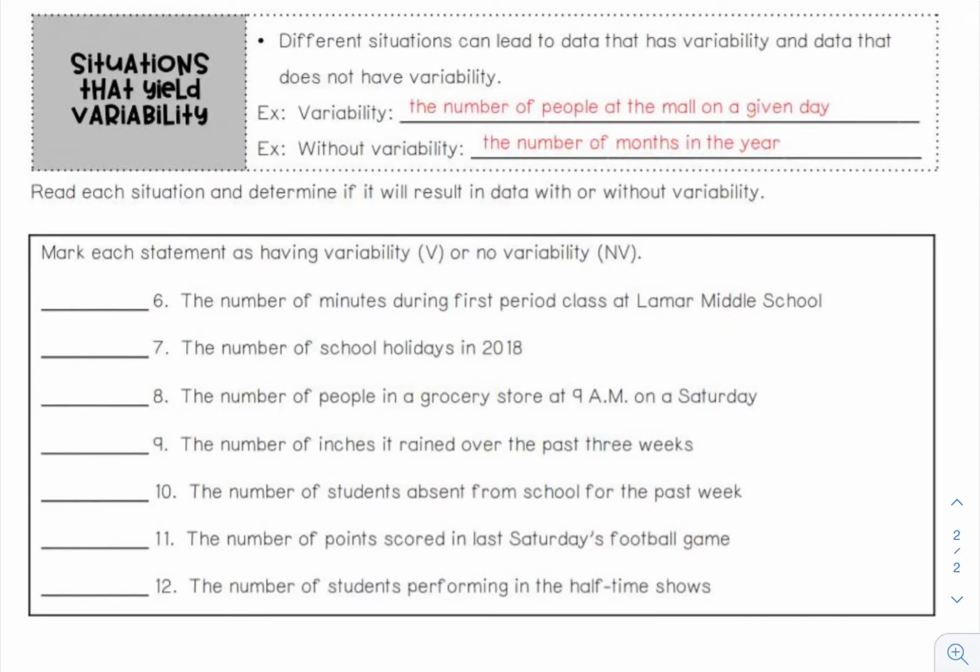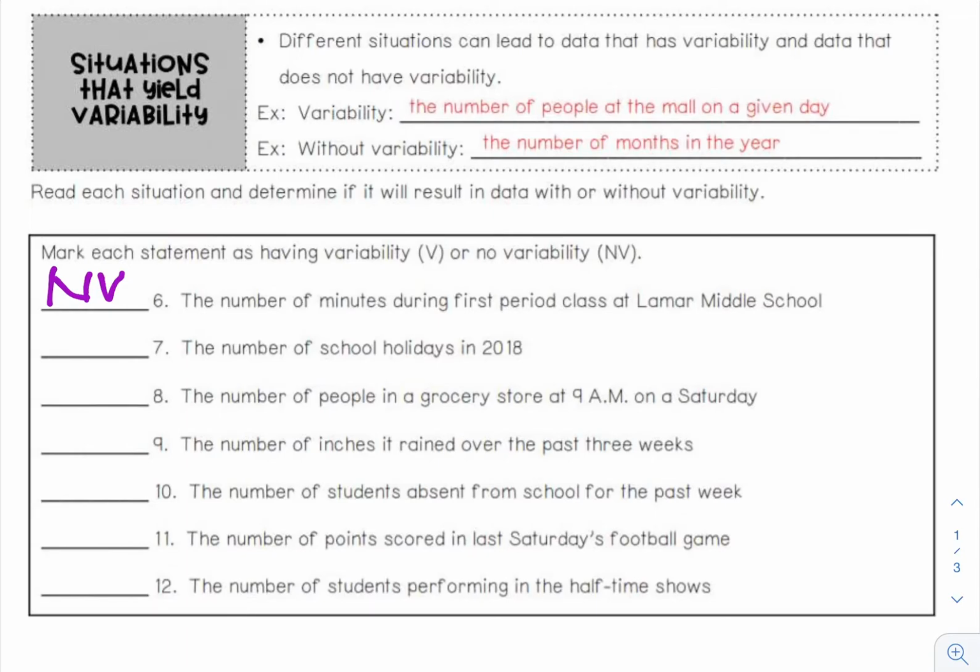Do you think that this situation has variability where it changes or no variability? This situation has no variability. And that's because first period is the same amount of minutes each day on a normal school day.